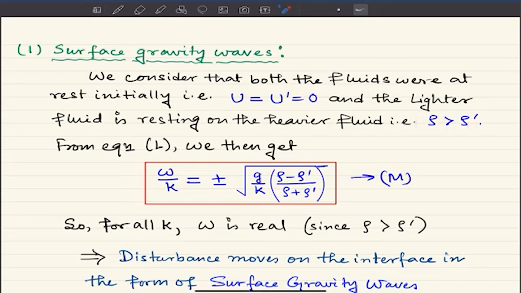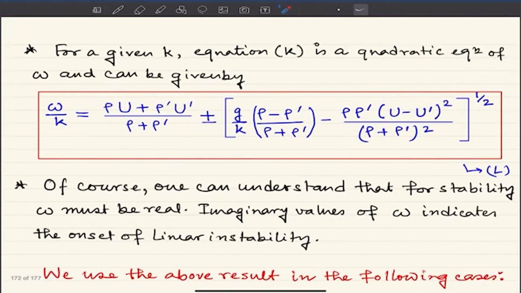So for that case, what happens to this equation? U and U prime both are 0, so this term goes away. This term also goes away. So we only have this term, and rho is greater than rho prime. So this will be positive, for positive k, of course. So the square root of this positive thing will be real.